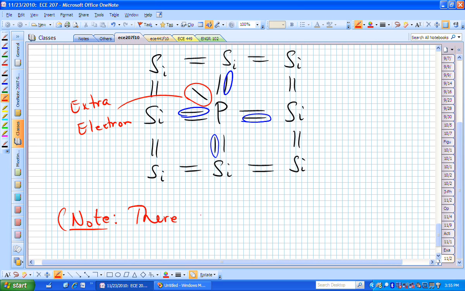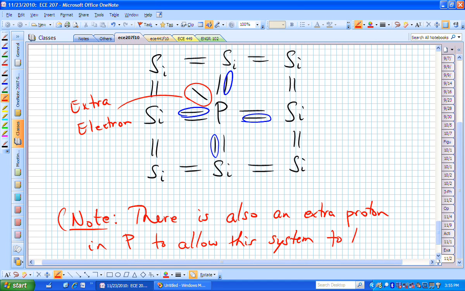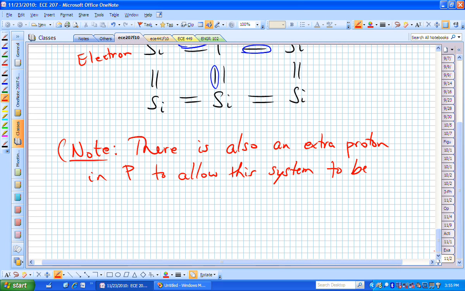But this note is to just remind us there is also an extra proton in P to allow this system to actually be electrically neutral.